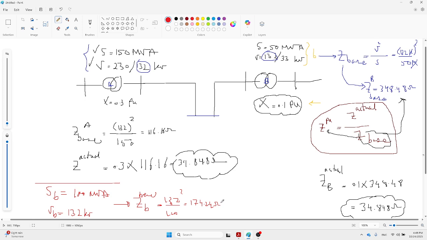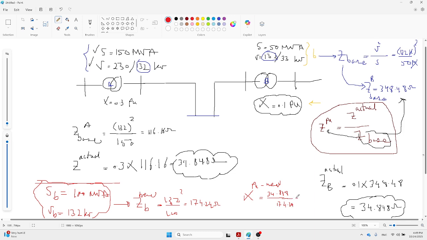Then you can see the new X per unit, which is coming from this one, is 34.848 over 174.24.